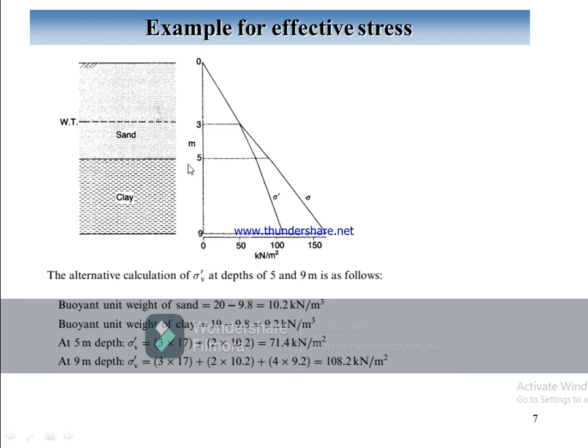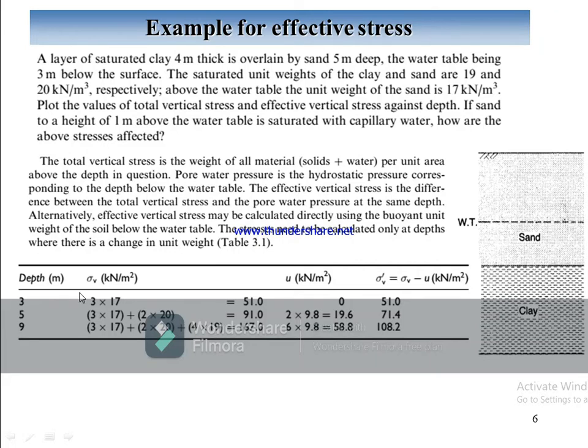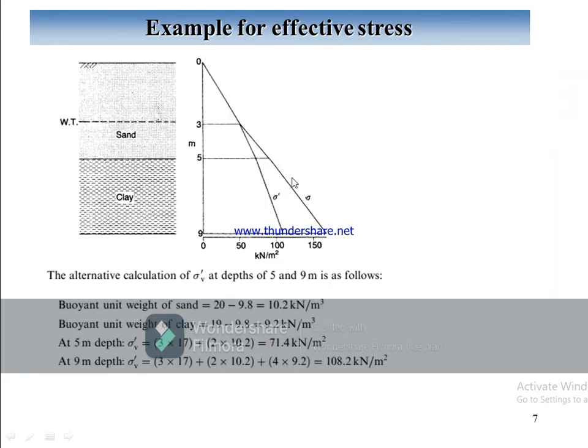As you go down, the curve turns inward. If we check these density values, 17, 19 and 20, the effective stress line goes down like this because the pore water pressure is subtracted.